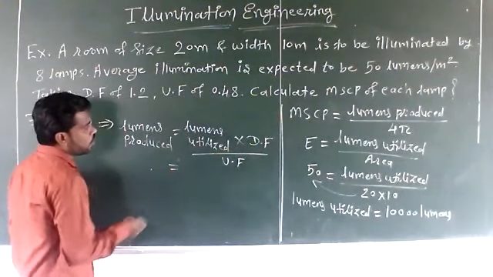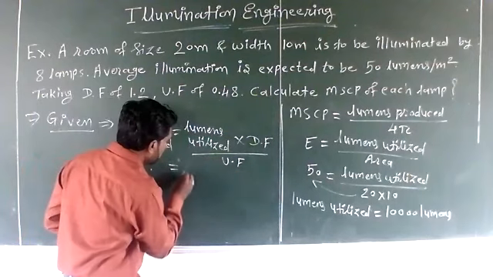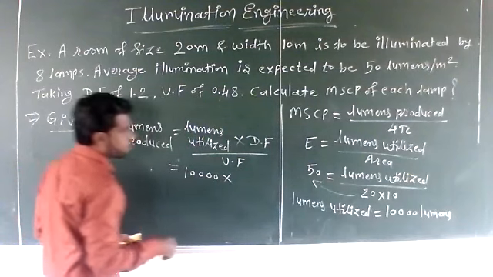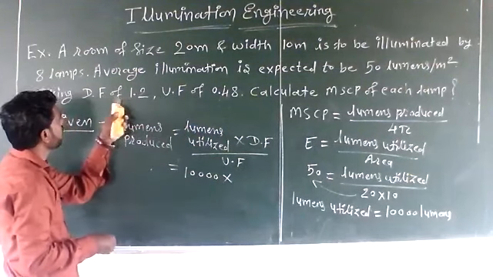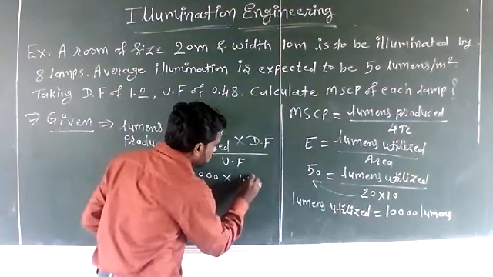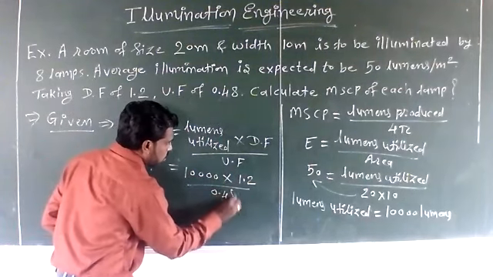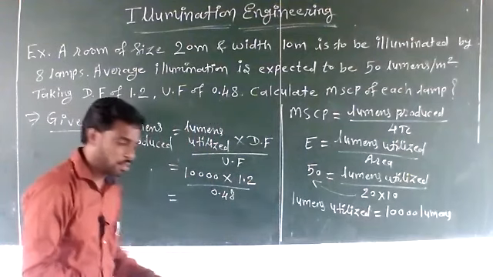So here put the value. So lumen utilized is 10,000 into DF is 1.2 upon UF 0.48. So solve this.